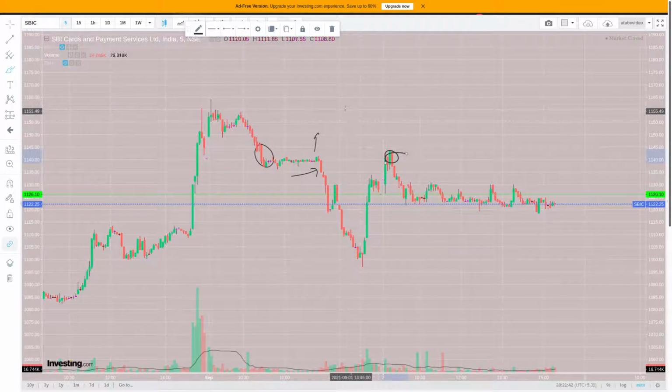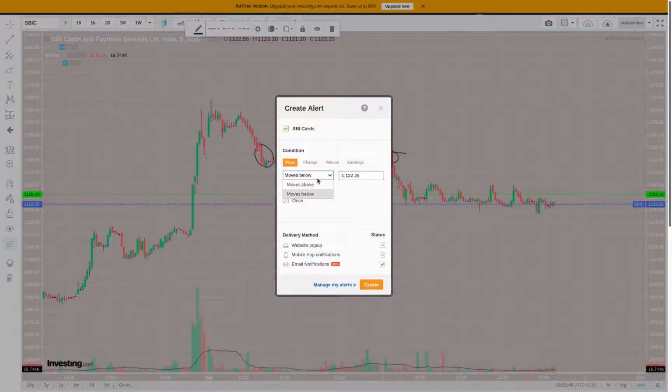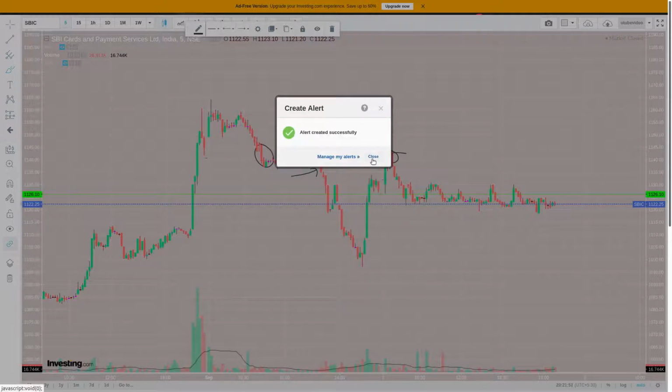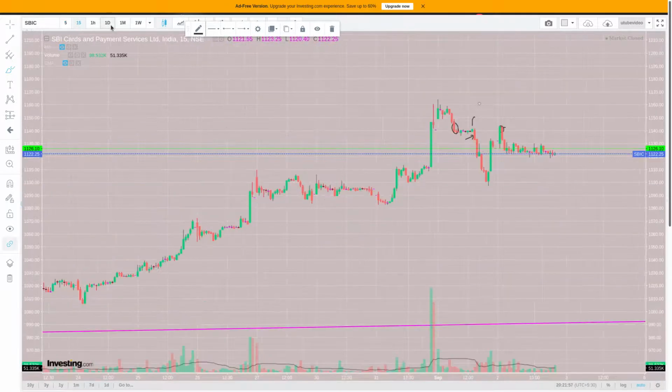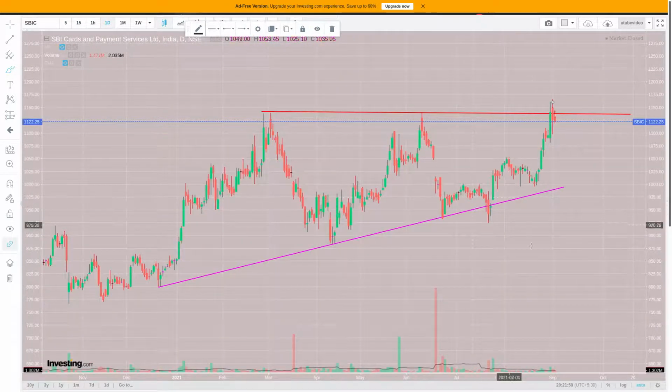But what I'm trying to say is, until it goes above 1145 on a 5-minute chart, until it gives a closing, there is not much you can do, and there's not much which you can expect. And going forward, of course, this has already qualified for me as a short, as a wrong breakout, and the reason is pretty simple.